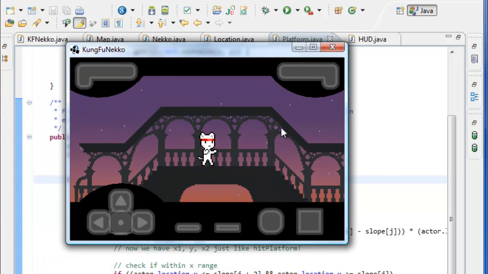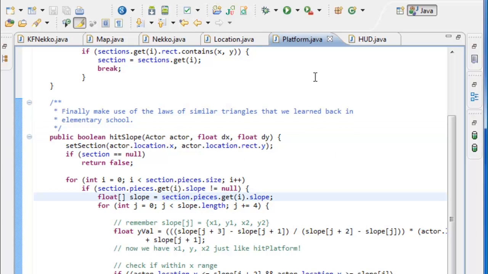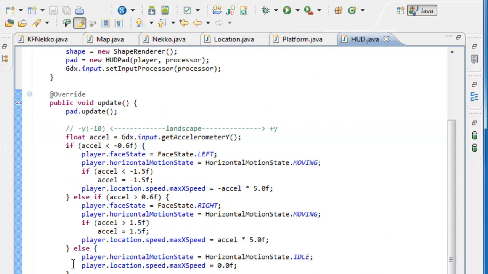Now, we can't move around because we still have that accelerometer on. Let's just go to our HUD, and what we're going to do is just comment this out over here on update. Okay, and then run it again.